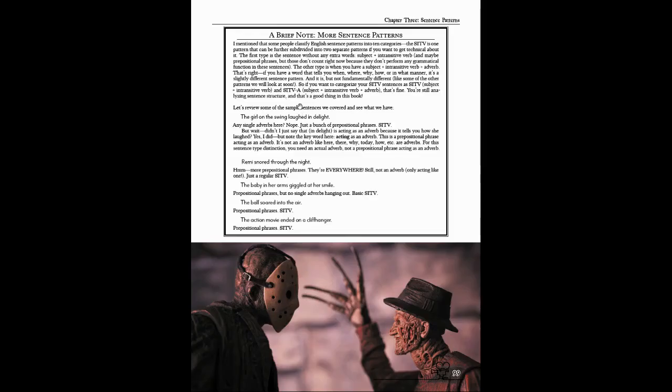And then, like I said at the beginning, sometimes people subdivide these things. So you can take a sitva, right? A subject intransitive verb sentence, and you can divide it into 2 different things. You can say it's regular sitva, a subject intransitive verb, and you can call it a sitva A, which is a subject intransitive verb plus an adverb, right?